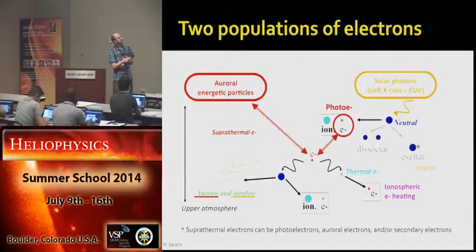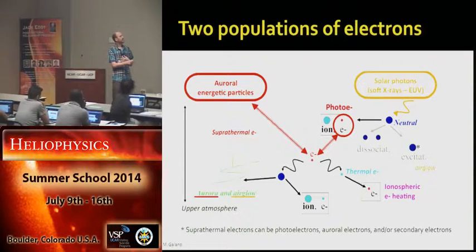As I just discussed earlier, the excess energy from ionization with a photon and a neutral is given to the electrons, and those produce photoelectrons, which then join the superthermal electron population. But superthermal electrons are any electrons that have more energy than the thermal population, so those can also be auroral energetic particles. And those superthermal electrons can excite and ionize and dissociate further.